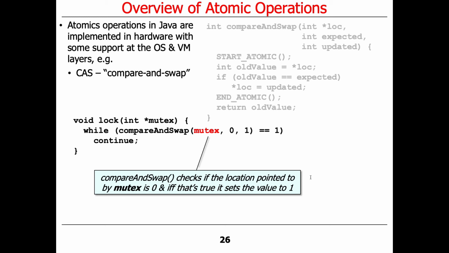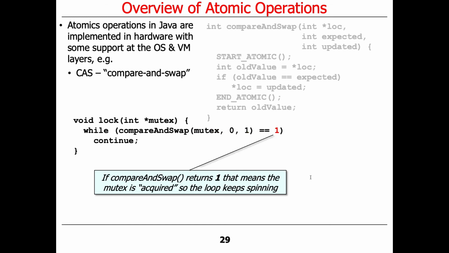Compare and swap will check to see if the mutex value is 0, and if it is, it'll set it to 1 atomically, and it'll always return the old value. So if it was already 1, then it wasn't available. And because it wasn't available, we have to keep spinning.